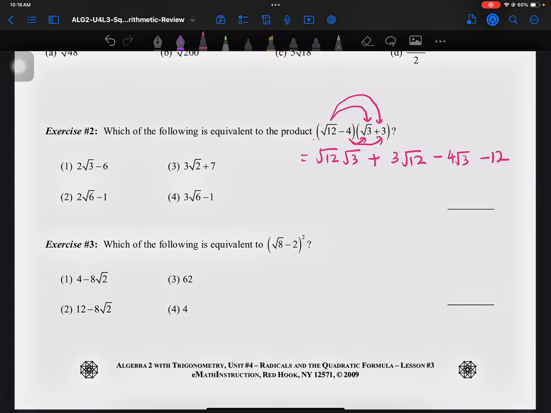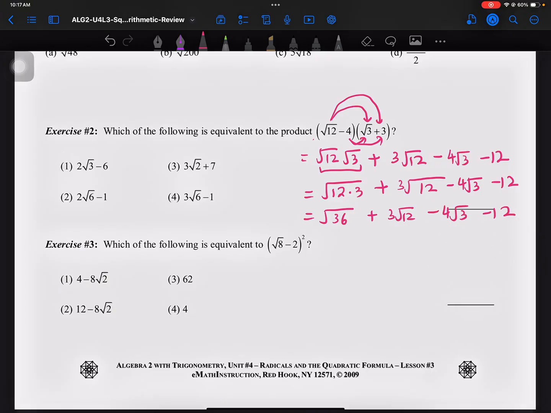Okay, so next, what we can do here, for this one, we will put it inside one big √. Plus 3√12 minus 4√3 minus 12. So here becomes √36 plus 3√12 minus 4√3 minus 12.